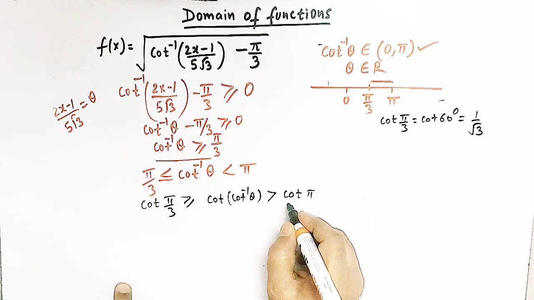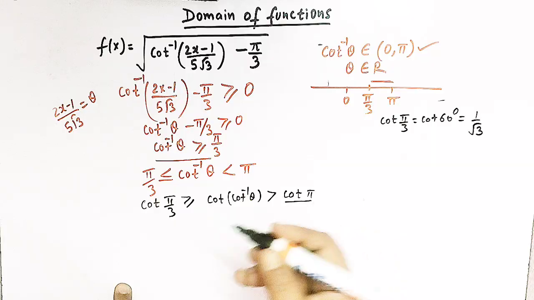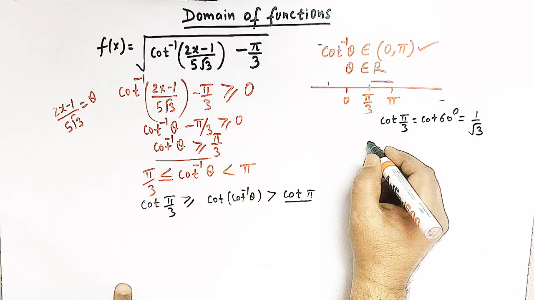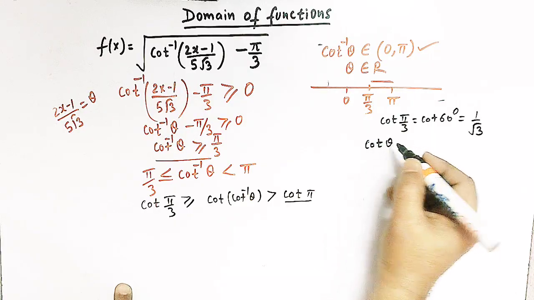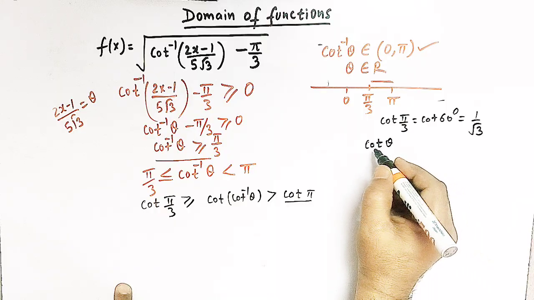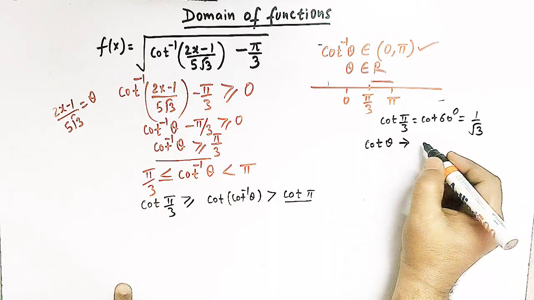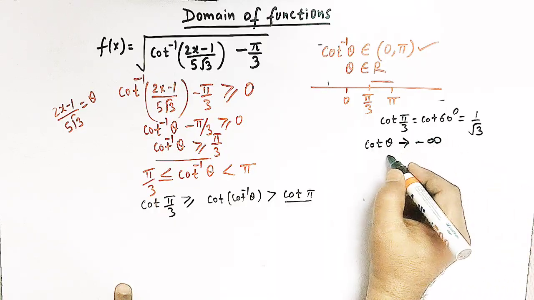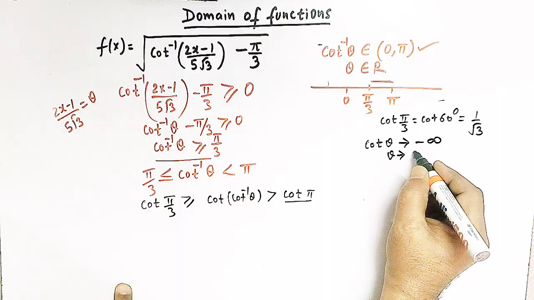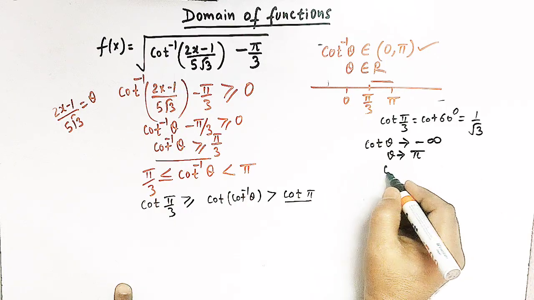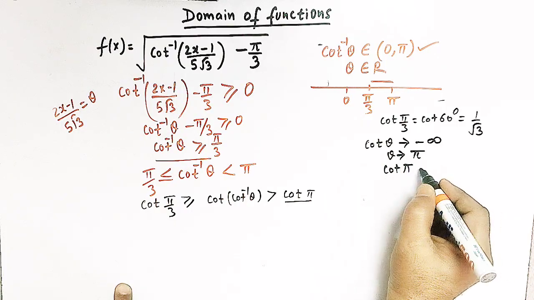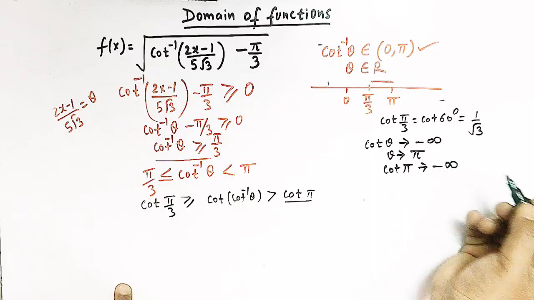Now for cot pi, from the graph of cot theta we can easily see that cot theta tends to minus infinity as theta tends to pi. So cot pi tends to minus infinity.